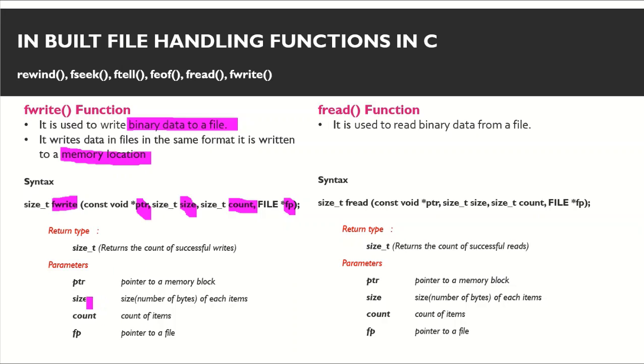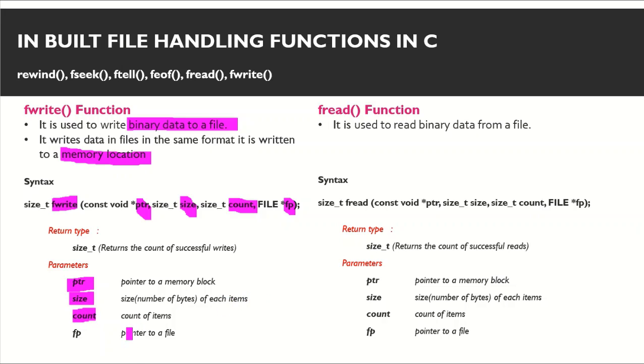The parameters are ptr, which is a pointer to a memory block. Second one is size. Size refers to the number of bytes of each item, or the size of each item.